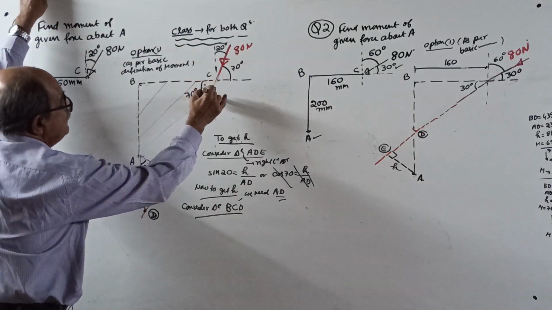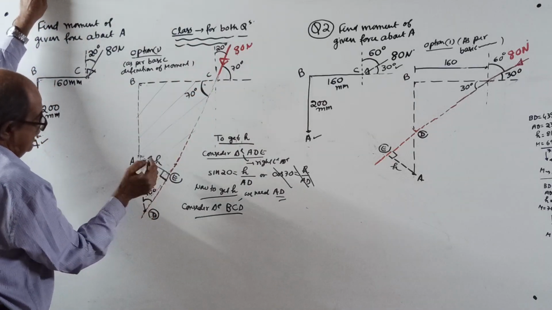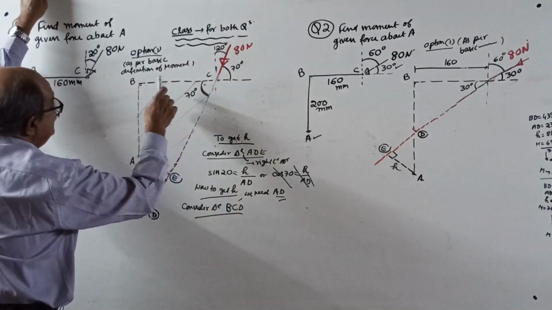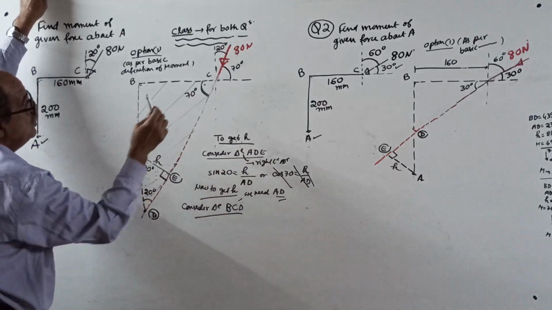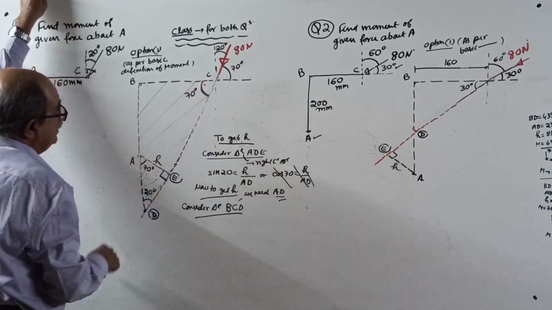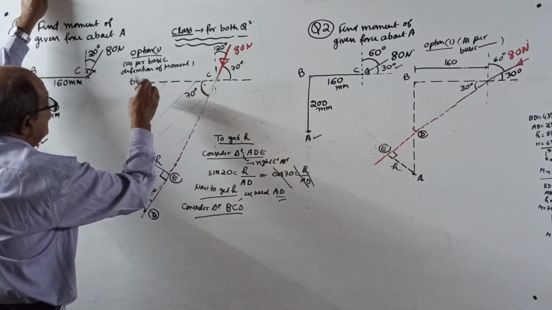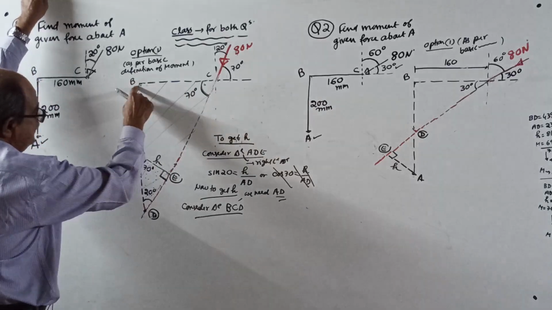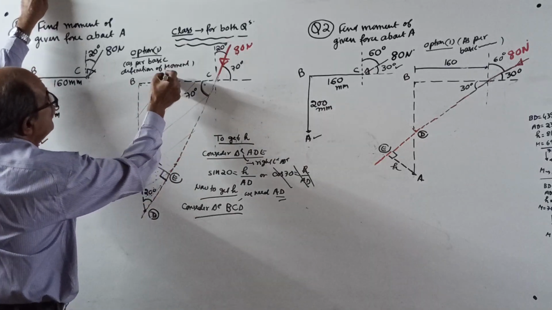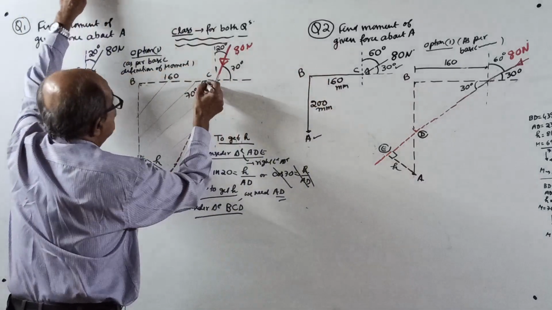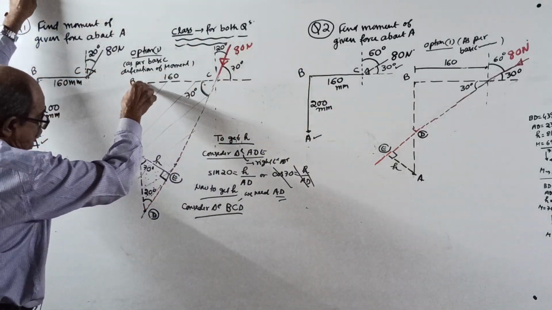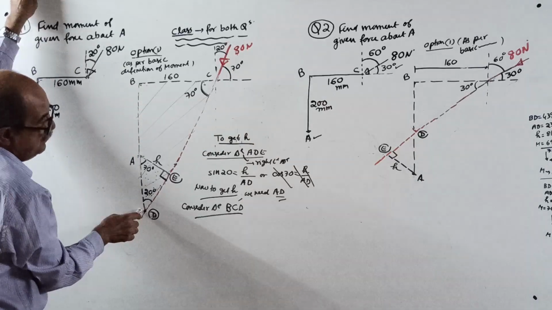You use either this angle or this angle. If I use this angle, see, this side is known to you, and this is 70. What can you do? This is not known, this is known. This is 160. This is 160. So this is known. We need BD.